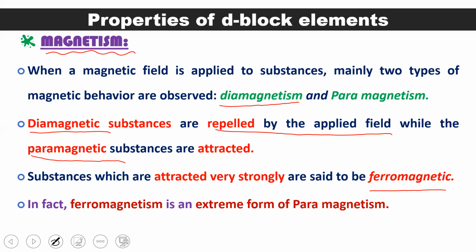How can you define ferromagnetic? The substances which are attracted very strongly are known as ferromagnetic. As we know, ferromagnetism is an extreme form of paramagnetism.